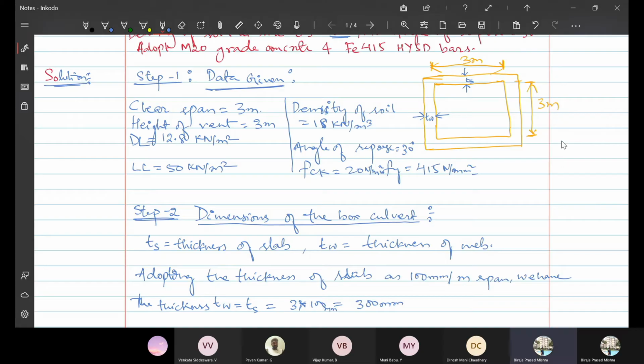So this TW is 300 mm and this is 300 mm as well, right?